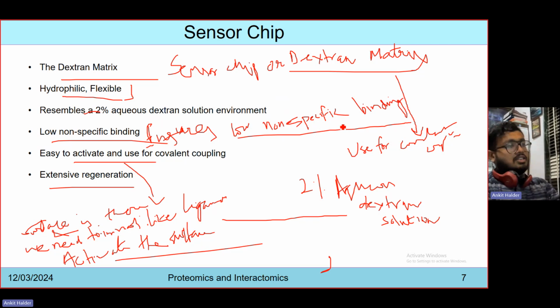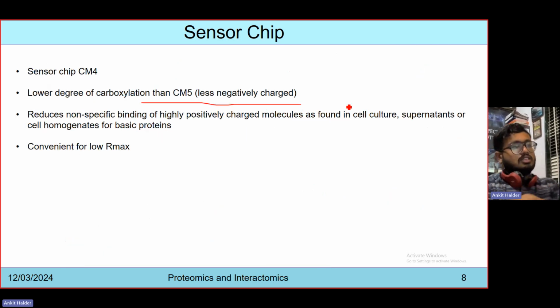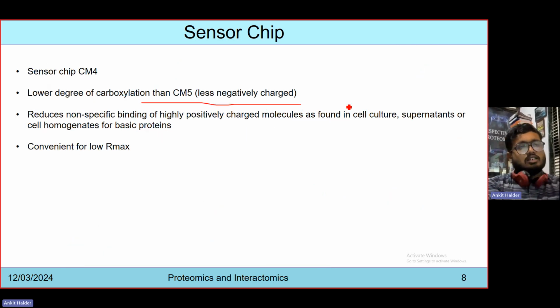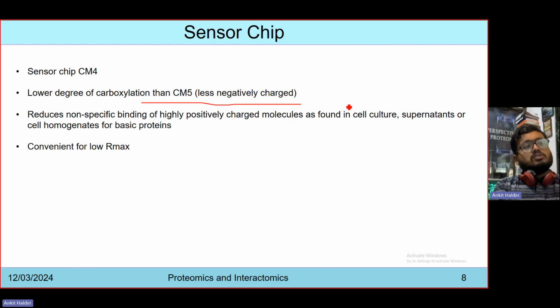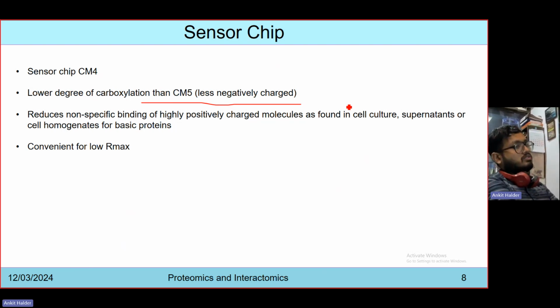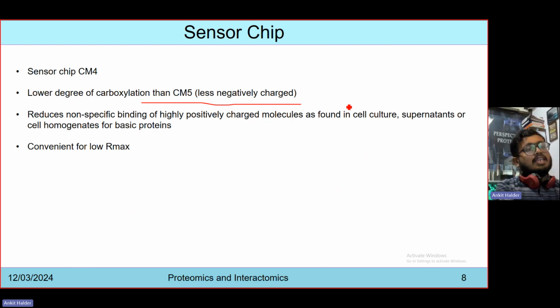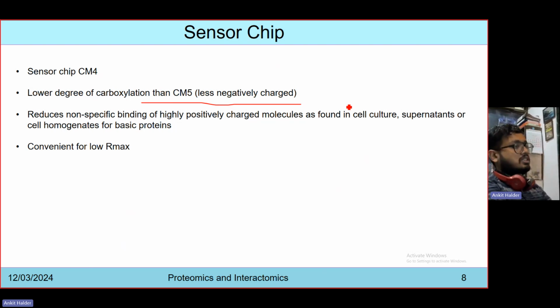CM4 has a lower carboxylation than CM5 and is less negatively charged. So it reduces non-specific binding of highly positively charged molecules, as found in cell culture supernatant or cell lysates, and it is also convenient for low mass.